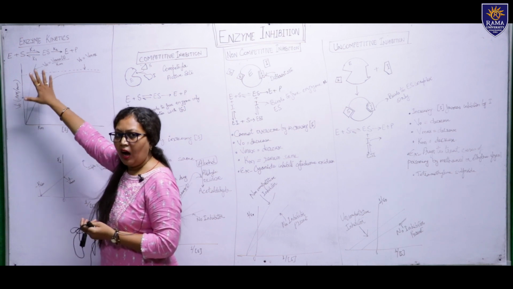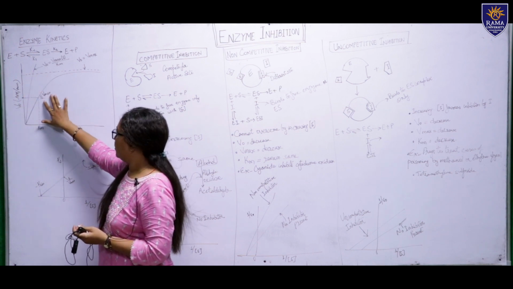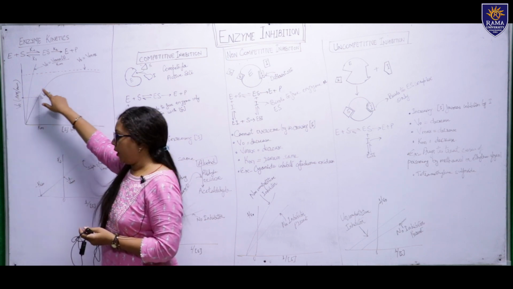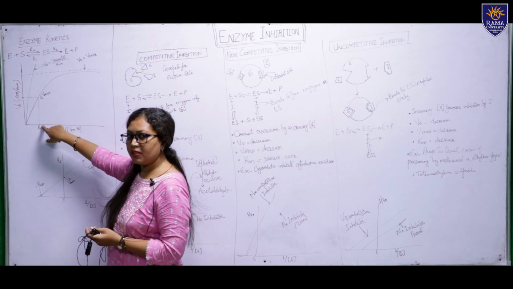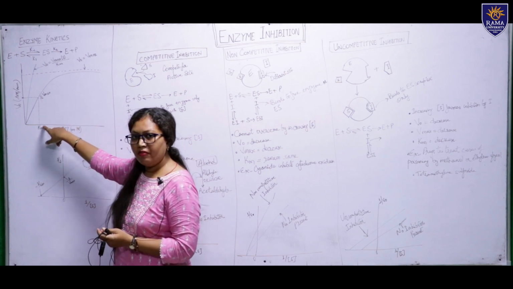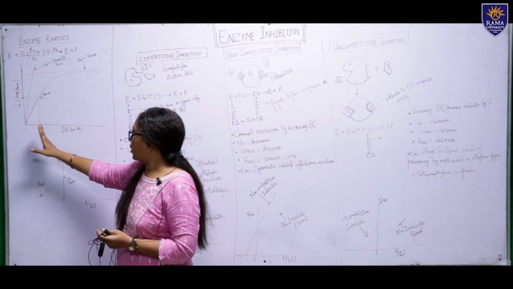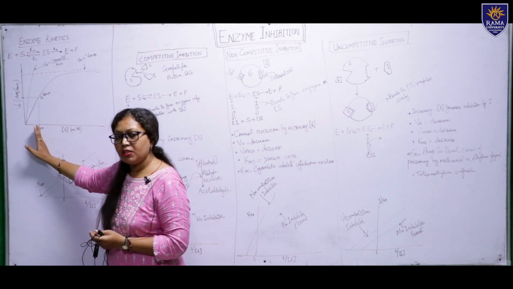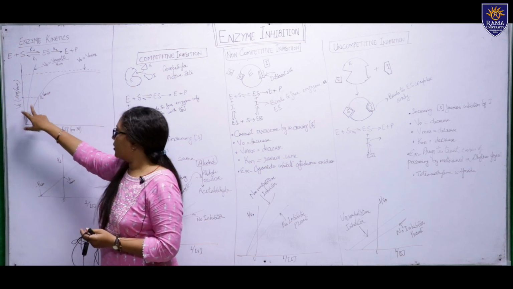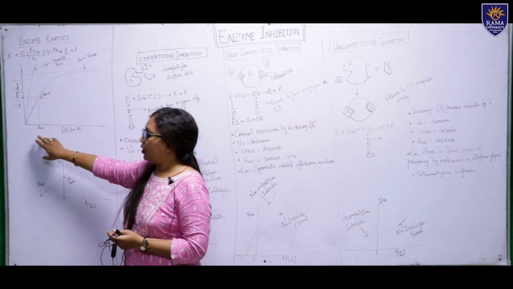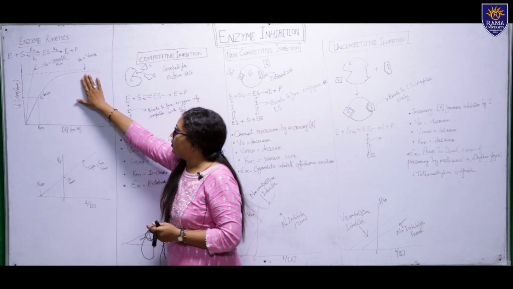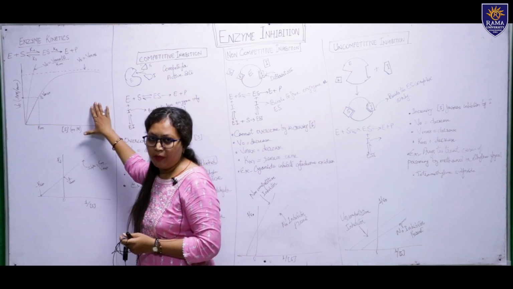So we take half of V max on the y axis, and the corresponding value of the substrate concentration on the x axis. The substrate concentration at which the velocity reaches half of V max is called the Km, the Km value of the enzyme. So this is all about the Michaelis-Menten plot.